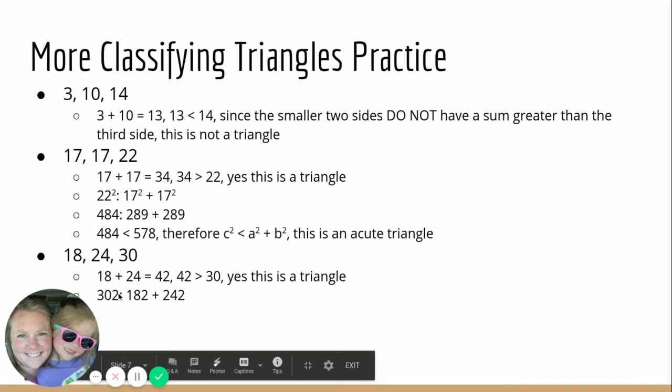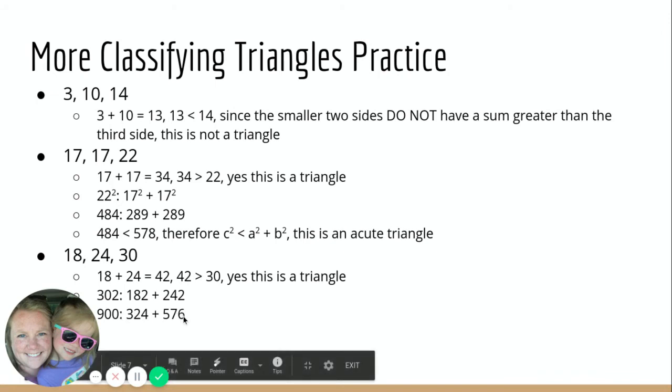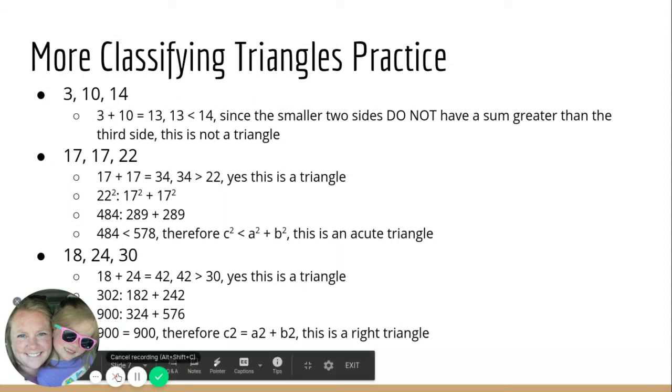I forgot to change these 2's to squareds, so just know that this should be 30 squared, 18 squared, 24 squared. After I square them, we get 900, 324, and 576. And then 900 equals 900. So c squared is equal to a squared plus b squared. That means this is a right triangle.